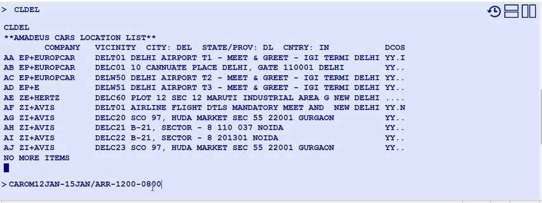So this is the way we can find the availability of the car. Generally, I told you before that we source the car information with specific airports, not with specific cities.